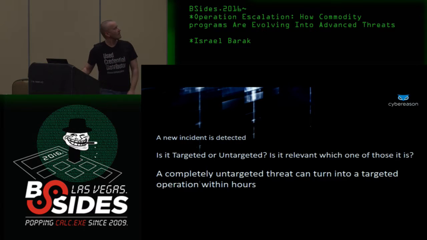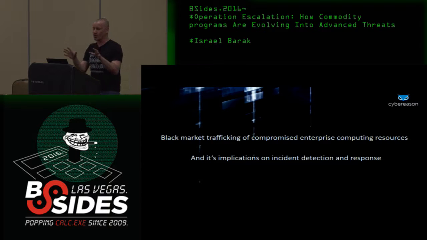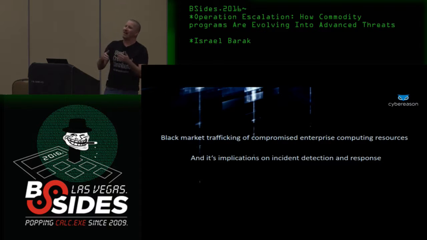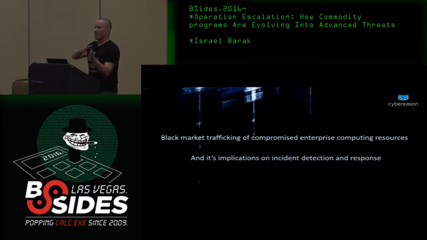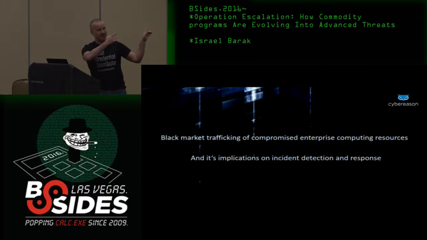Specifically, we're going to talk about how black market trafficking of compromised enterprise computing resources affects our incident detection and response procedures. This phenomenon is what supports this rapid conversion of many so-called untargeted threats into targeted ones, and we'll drill down into that aspect of the industry as much as our time permits.